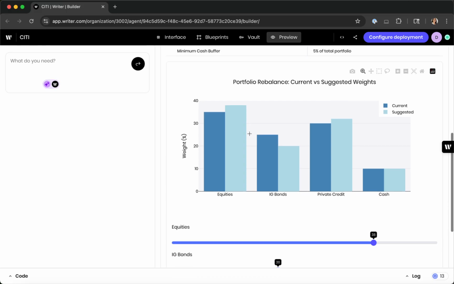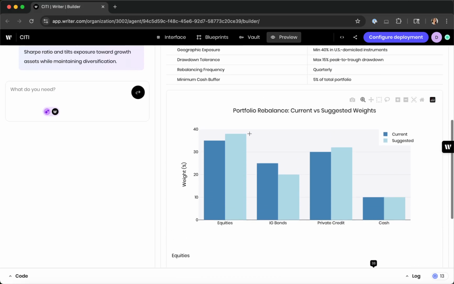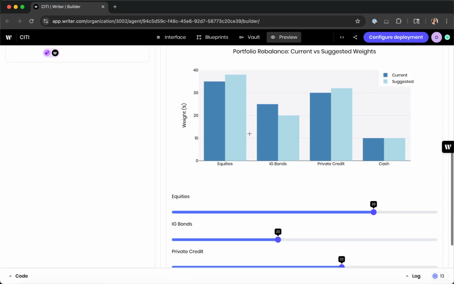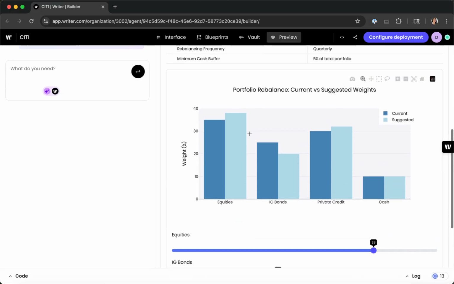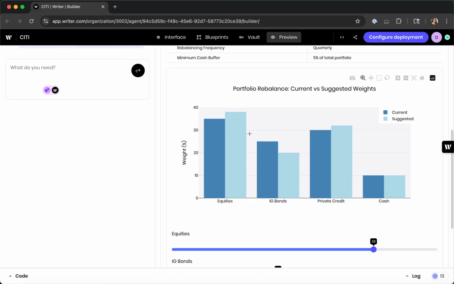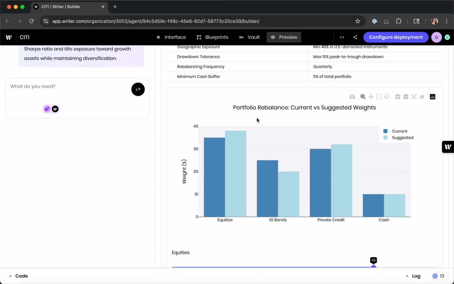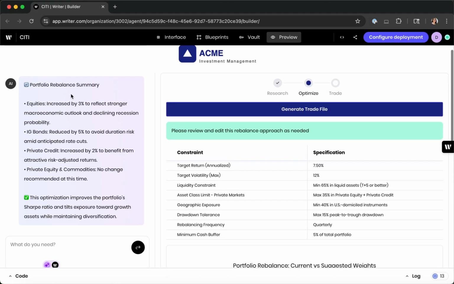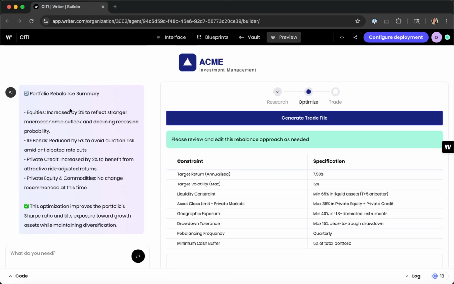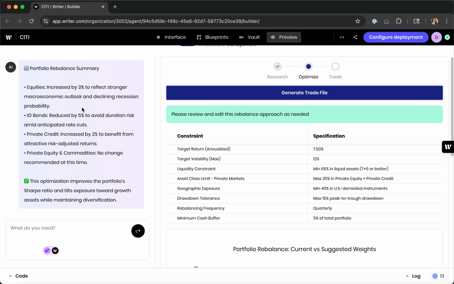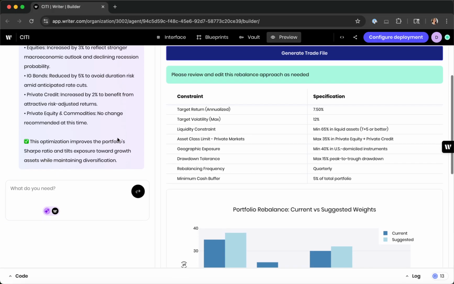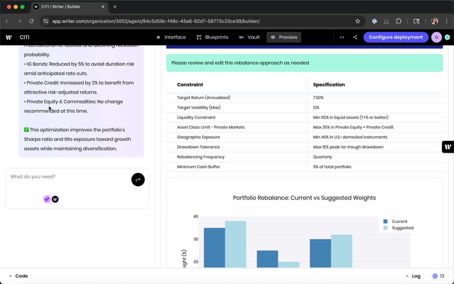based on portfolio managers' notes, as well as the future forecast in the markets, what the new rebalanced portfolio should look like. So it looks like right now it's recommending to increase the allocation to equities, cut allocation to investment grade bonds, and instead increase the allocation to private credit in order to benefit from attractive risk-adjusted returns.